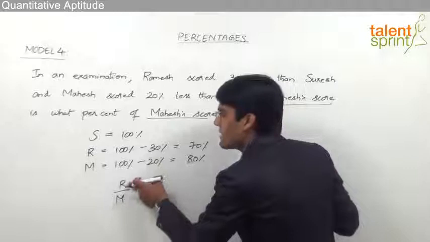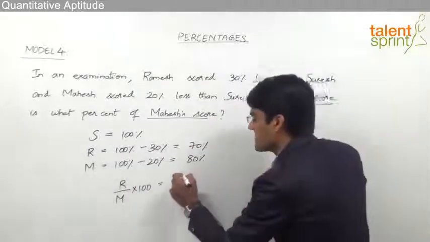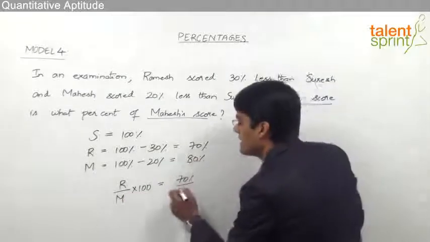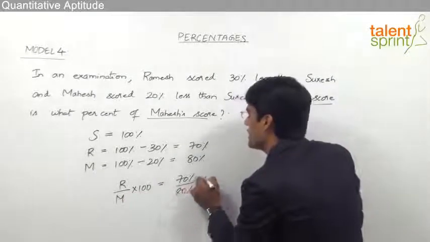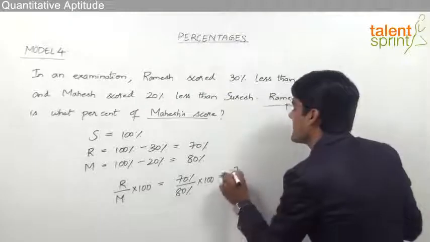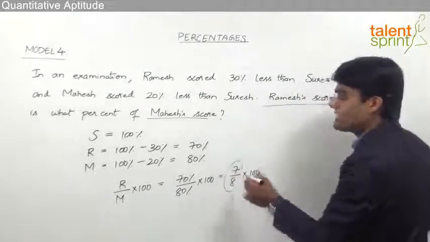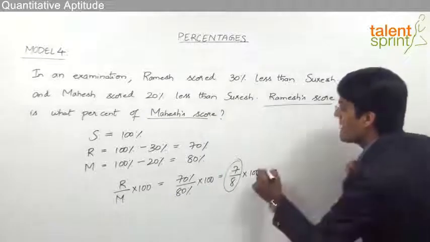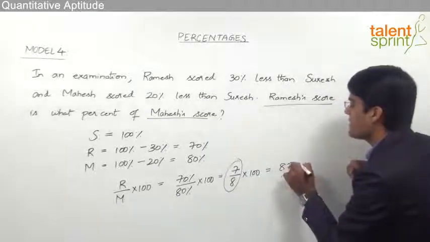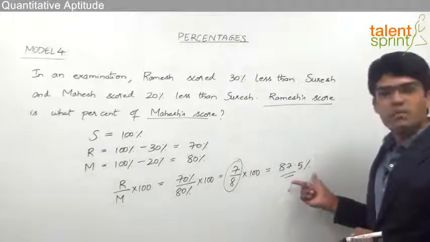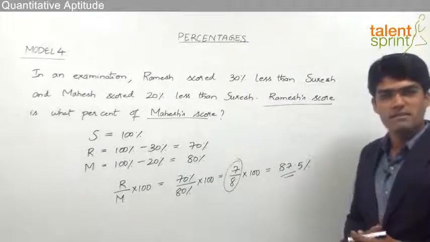Now as we know that Ramesh's score is equivalent to 70%, we can take this as 70% upon Mahesh's score, which is 80%, into 100. So this can be taken as 7 by 8 into 100. And from the knowledge of fractions, we must be able to say that 7 by 8 is equal to 87.5%. So we can say that Ramesh's score is 87.5% of Mahesh's score.